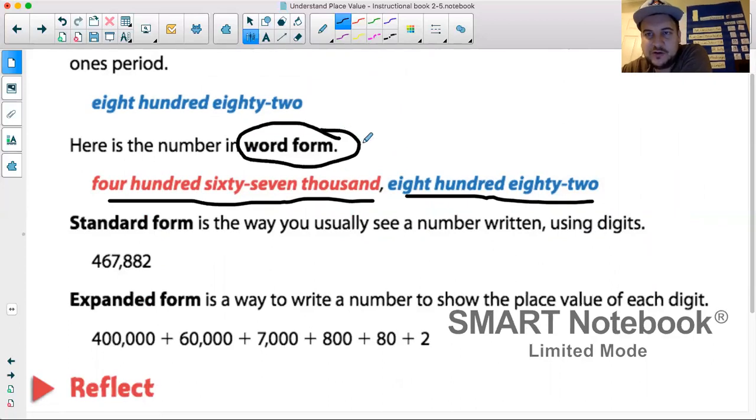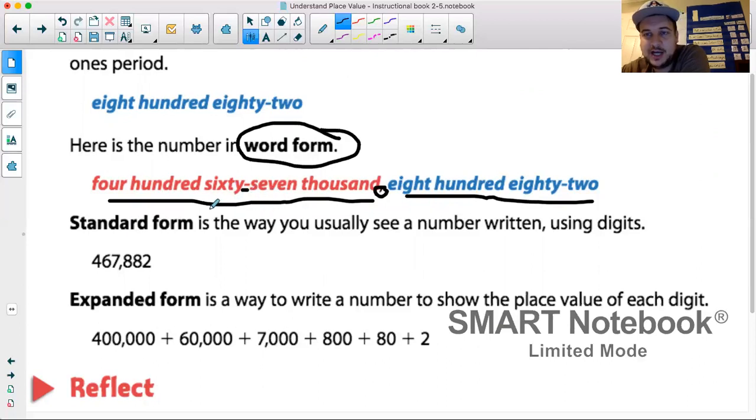So this is word form. And this form is the least favorite out of everybody that I've ever met because you have to write the number out. You're basically writing how you say that number. So you don't have to add anything or change anything. You do need your comma in there because that illustrates the end of a period. Sometimes people add these dashes for the tens and ones places that go together.